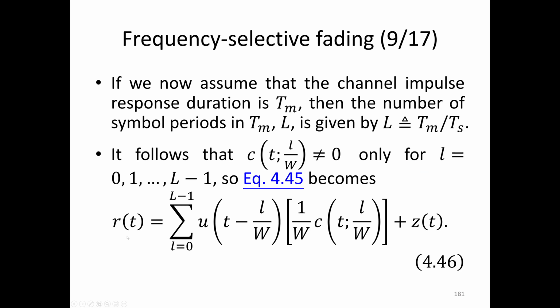Okay, 4.46. Let us review this equation. R of t is equal to summation small l is equal to 0 to capital L minus 1, where capital L is the number of sample periods in Tm, and Tm is the channel impulse response duration. U of t minus L over W times 1 over W times C of t, L over W, plus Z of t.